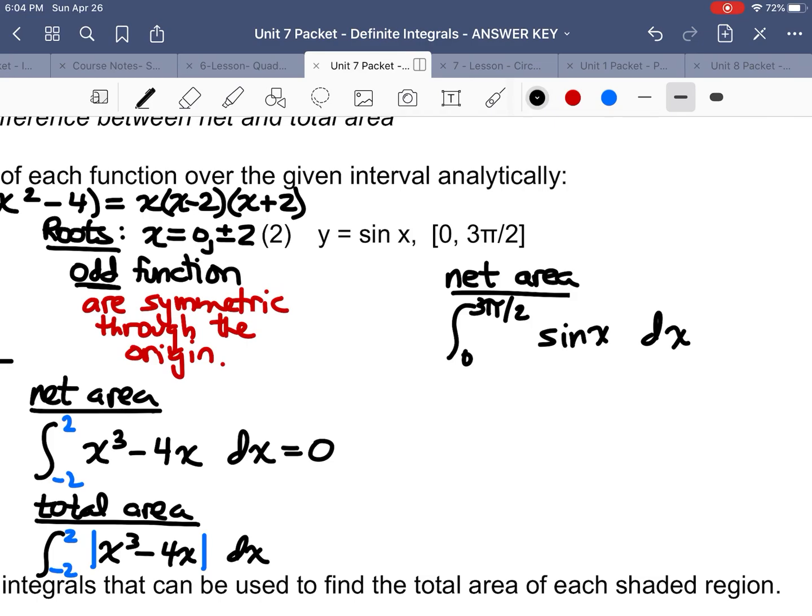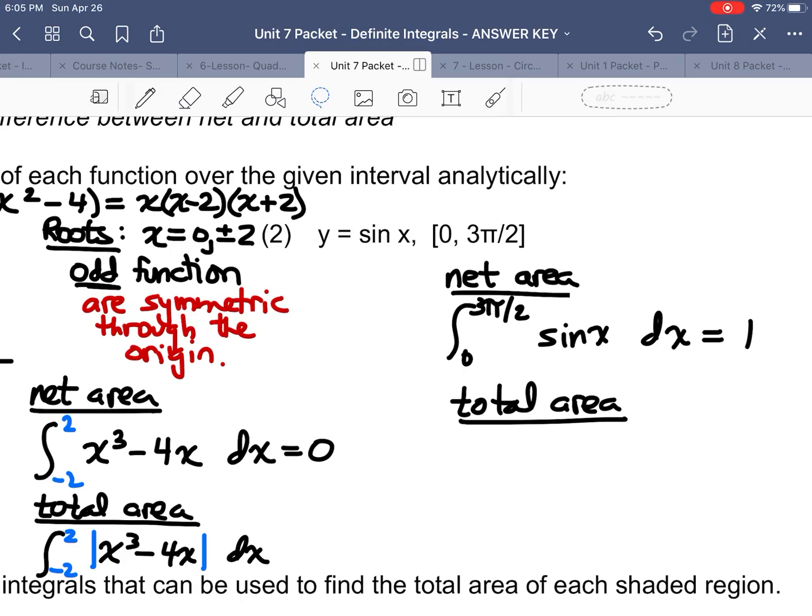Although we actually did play around with this problem for a little bit, I think it was page 2. We know that each arch under a sine function has a total area of 2. So to get to 3 pi over 2, it's actually going to give you a result of 1. I mean, fun fact of the day if you want.